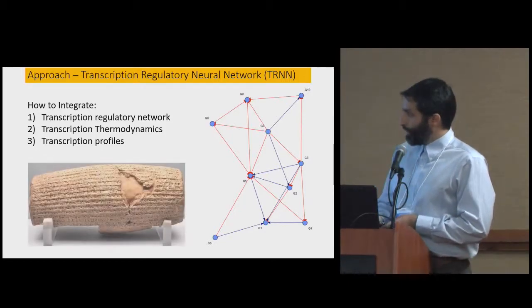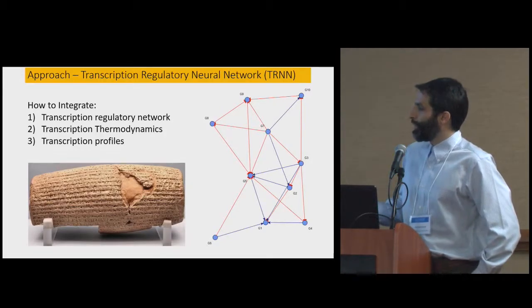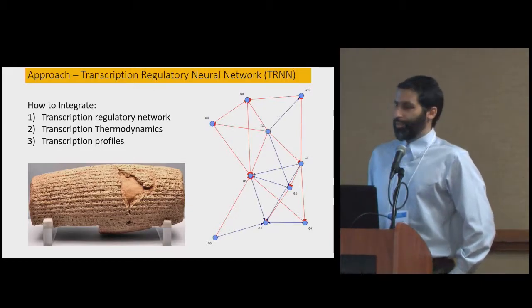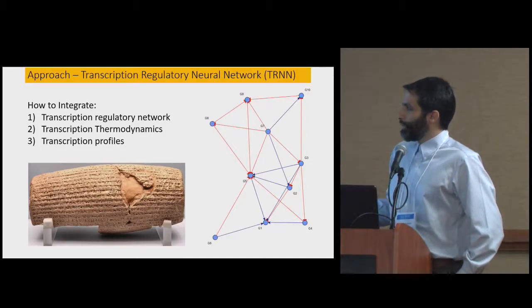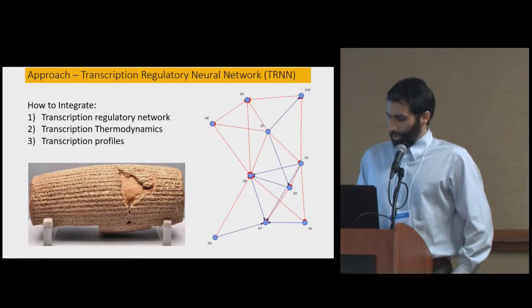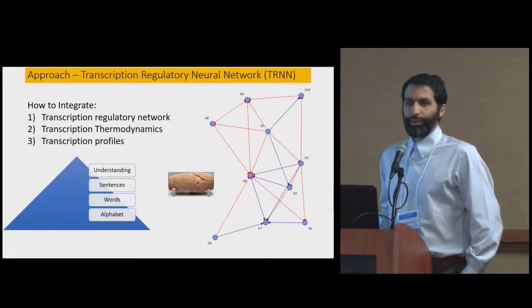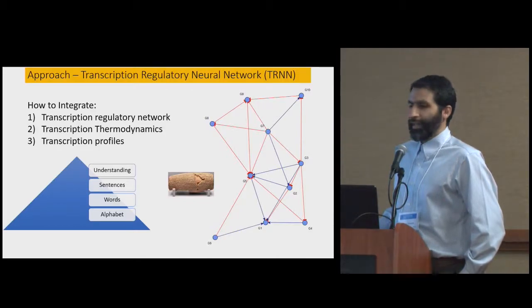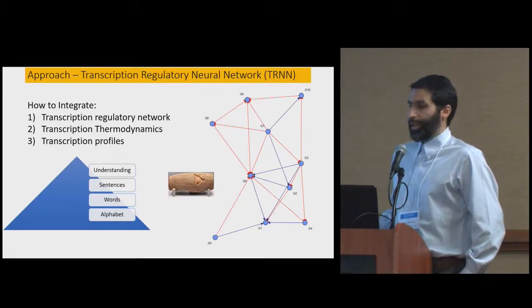So I like to use this analogy: you have an archaeological manuscript for which some information is lost. If you want to be able to understand this manuscript, you first need to understand the alphabet that is used in the manuscript. Then you understand how this alphabet is going to make words, how it's going to make sentences.